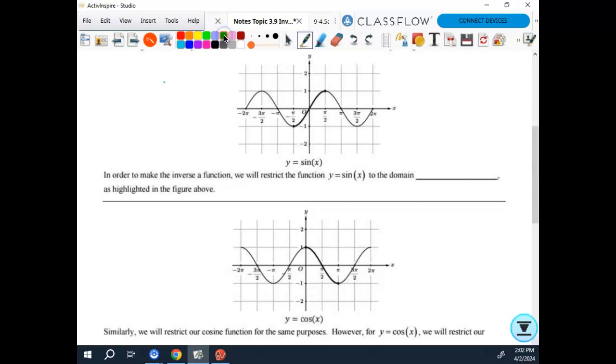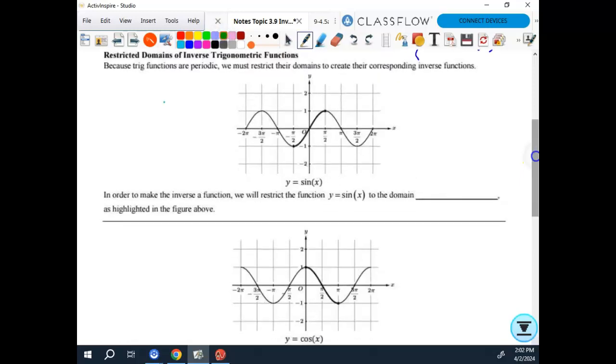Let's look at sine. So this is just a plain old sine graph that you have in front of you here. And actually, let me rewind a little bit more. If I have a quadratic function, just think about quadratics for a minute. If I want to take the inverse of this, I can reflect it in the line y equals x.